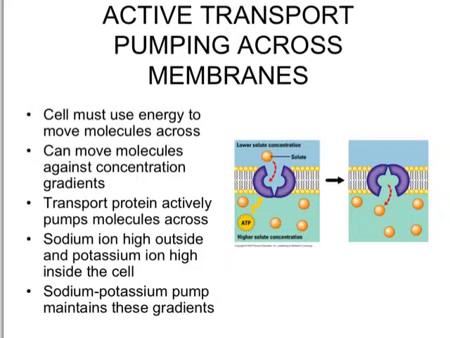If diffusion were to take place, then the sodium diffuses into the cell because it's going from high concentration to low concentration, and potassium would naturally diffuse outside of the cell. So we need the transport proteins in order to keep pumping sodium out of the cell and potassium into the cell so that it keeps that healthy concentration gradient that's required for cell function.